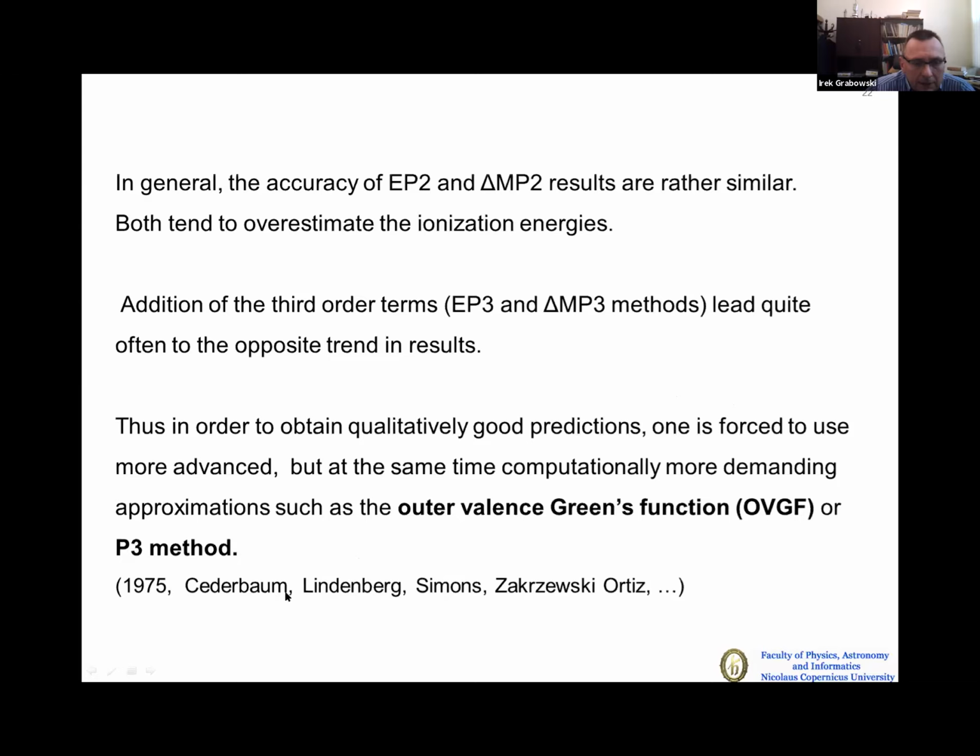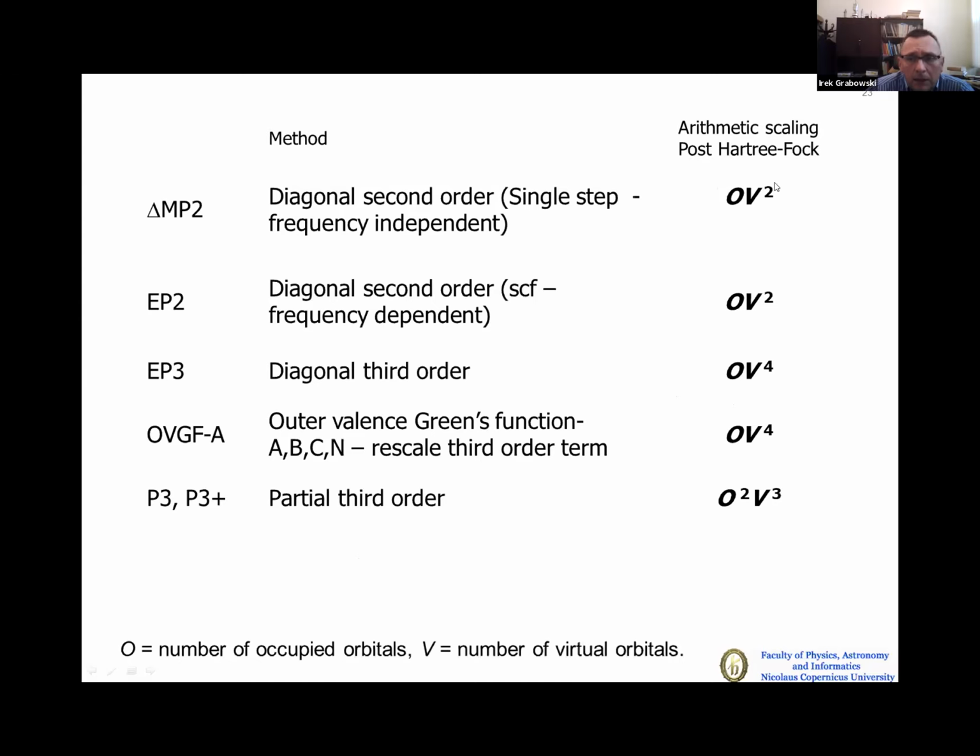You know, the names Sederbaum, Lindenberg, Zakrzewski, and especially Ortiz is still working in this area. The problem is the cost. The second order method scales like n to the third. I'm talking about just the cost of the method after the Hartree-Fock. And the third order method scales like n to the fifth.